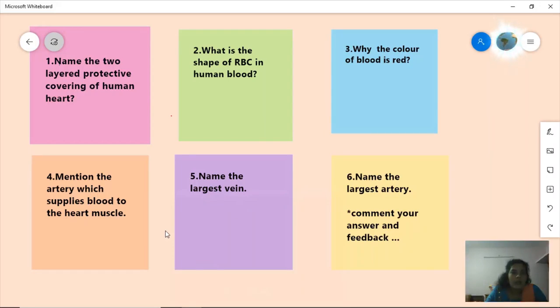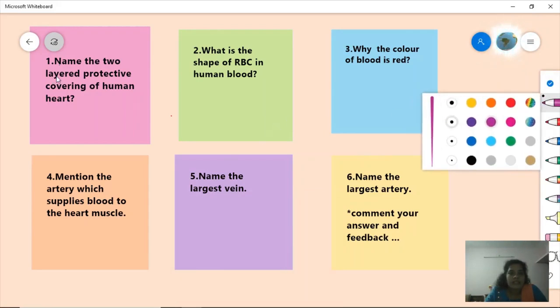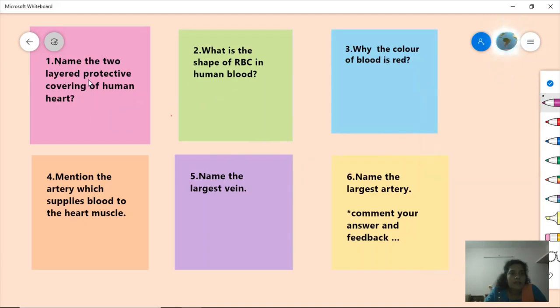Now we are in the evaluation part. There are 6 simple questions. First question: name the 2-layered protective covering of the human heart.